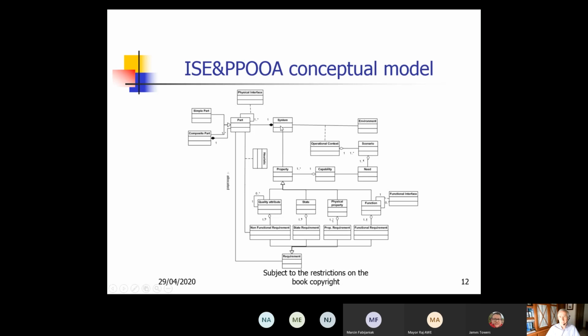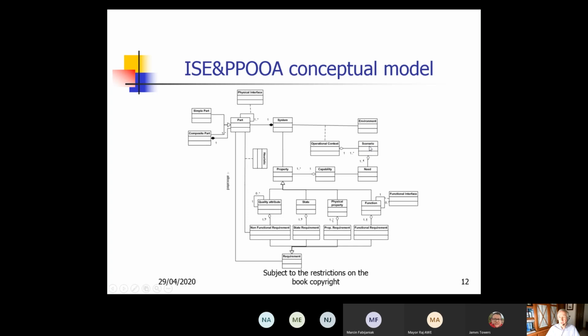The system operates in an environment. This interaction of the system with the environment is described by the operational context. The operational context is an aggregation of scenarios of usage of the system.